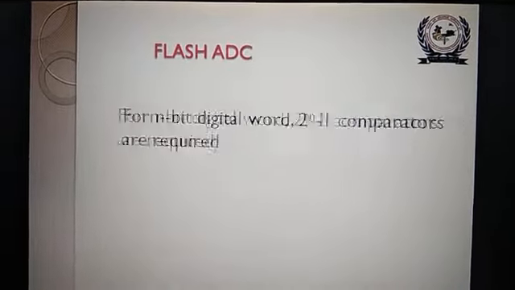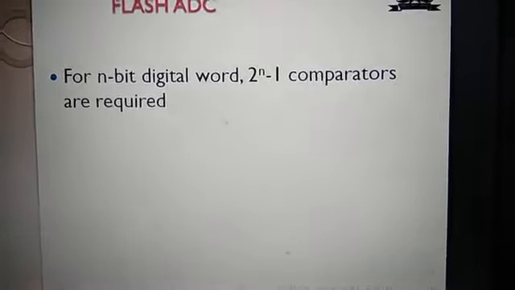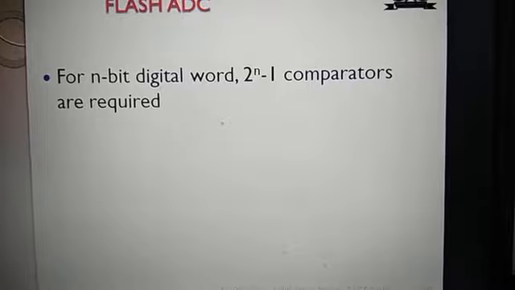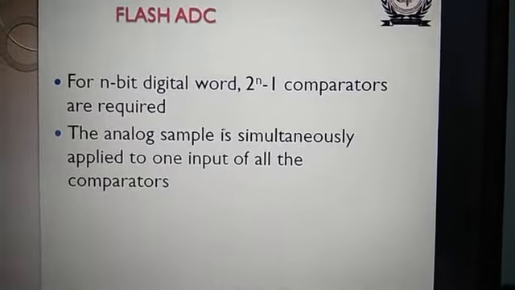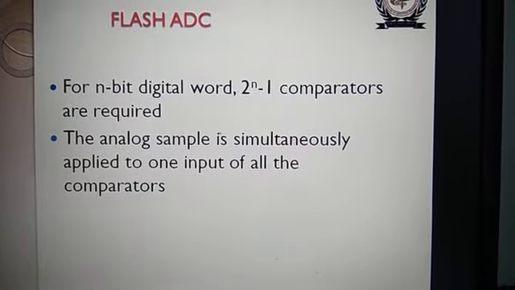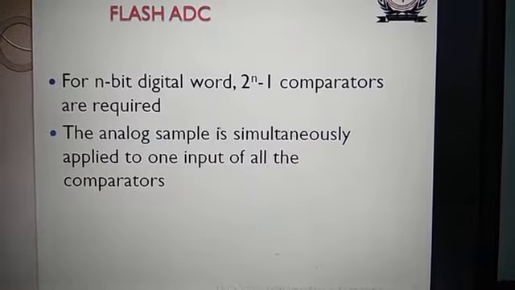Then this flash ADC has the following features. Number 1: for an n-bit digital word, 2 to the power n minus 1 comparators are required, as I have already told you. Number 2: the analog sample is simultaneously applied to one input of all the comparators.